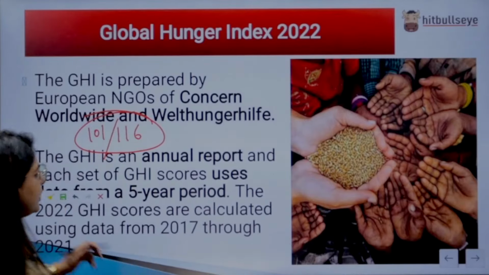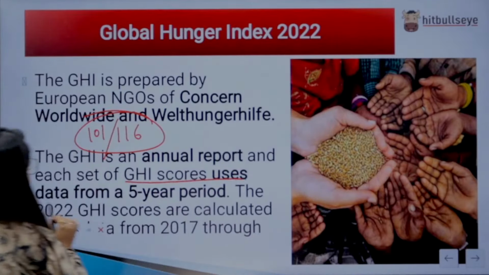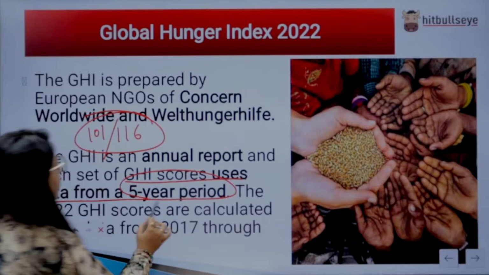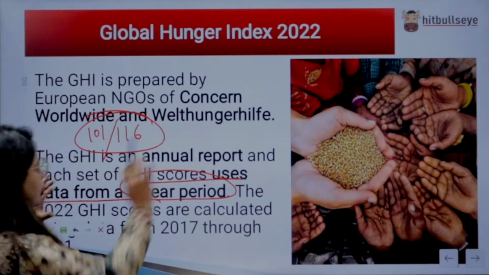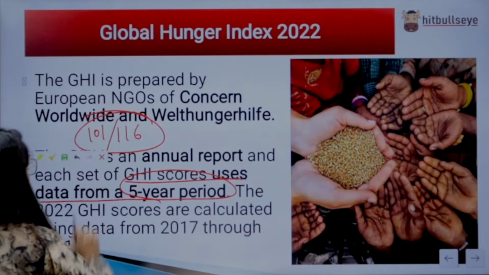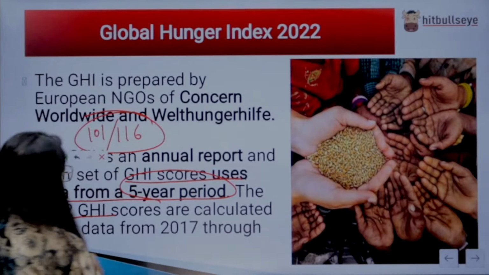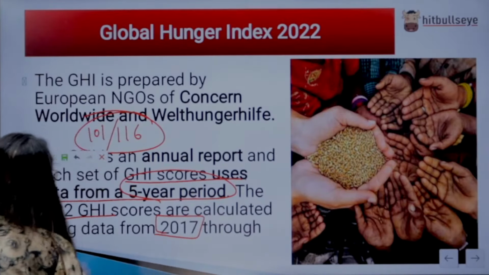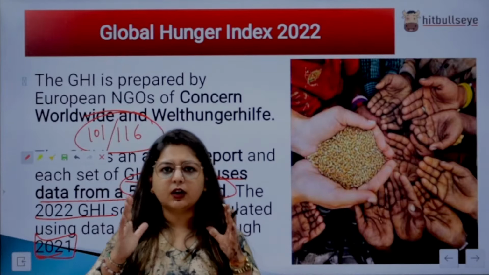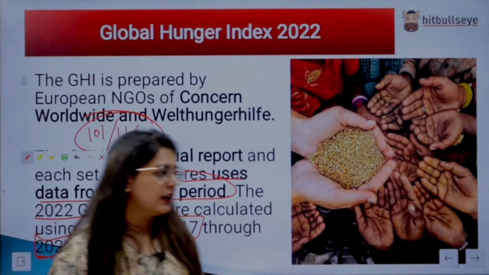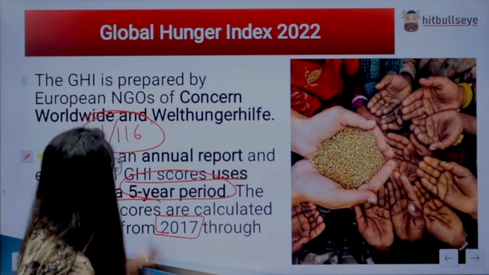This is an annual report, and each set of GHI scores uses data from a 5-year period. Again, a 5-year period is taken into account for this one report, right? So the GHI scores are calculated using the data from 2017 through 2021. So this is the data range which is taken while calculating the GHI, the Global Hunger Index.